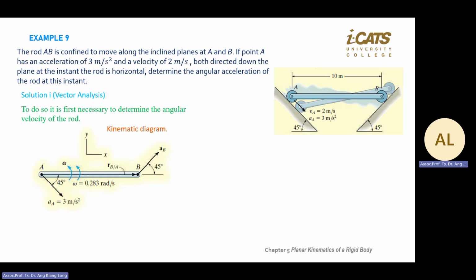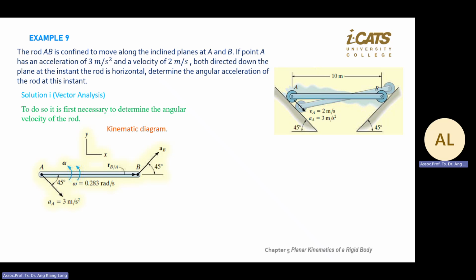V is given, A is given, so you just put in the A and V. In this diagram we are only interested in acceleration, because the question asks us for angular acceleration. You can put V here also, same direction as A, but the question asks us acceleration, so we only put in acceleration in the diagram, not to confuse us.